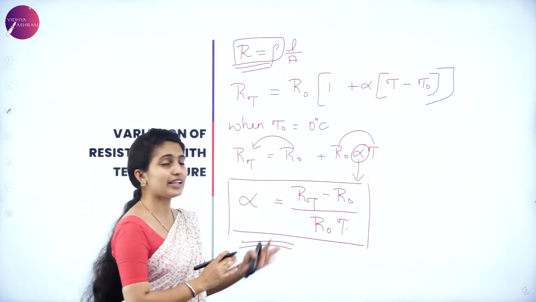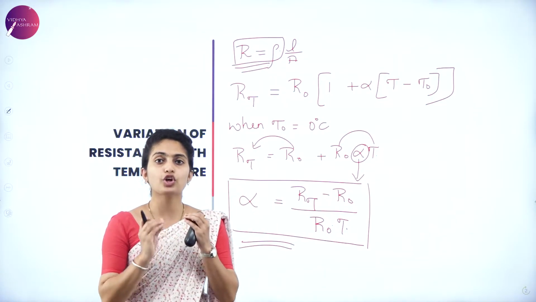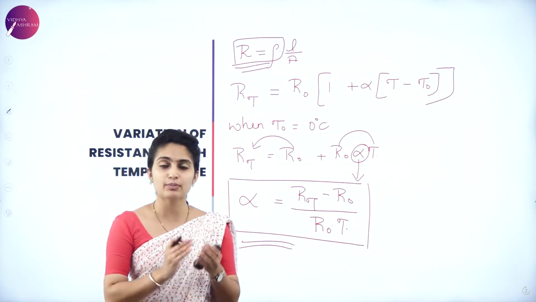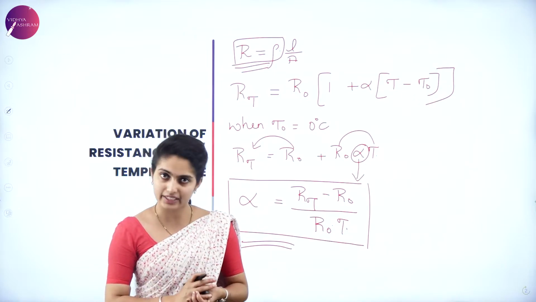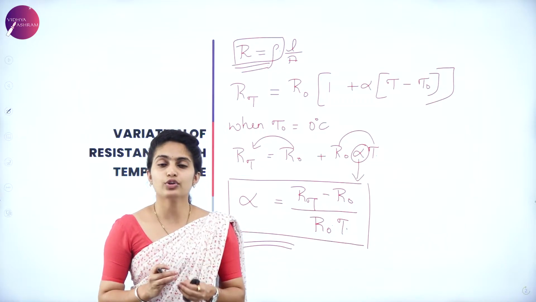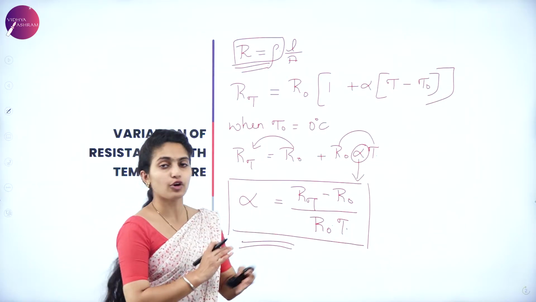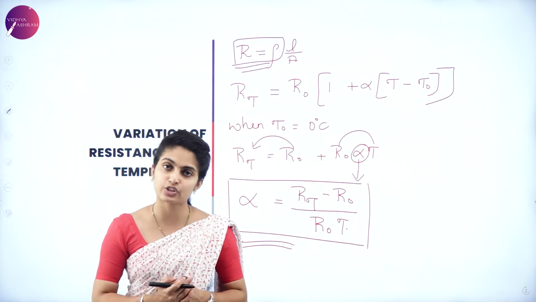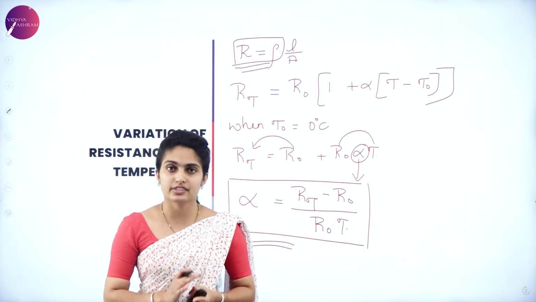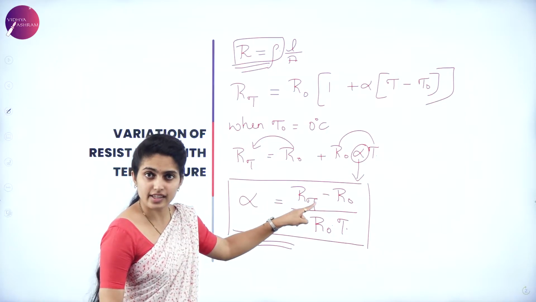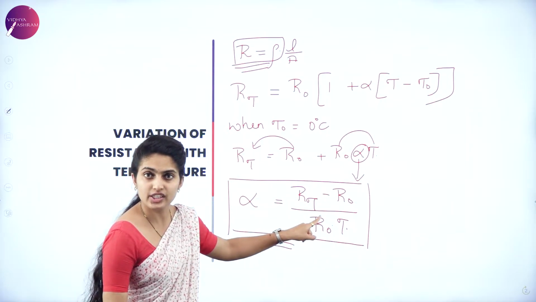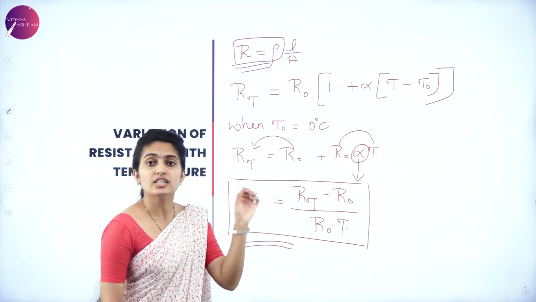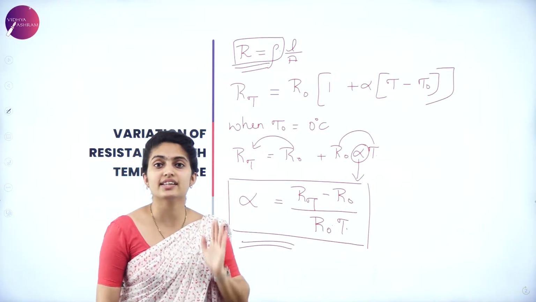This alpha shows the coefficient of resistivity, with which we can calculate the actual resistance of the metallic conductor. How do you define the coefficient of resistivity at a certain temperature of a metallic conductor? It is defined as the increase in resistance per unit original resistance per unit rise in degrees Celsius.